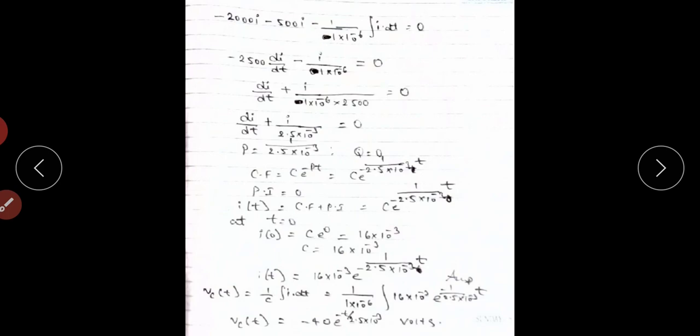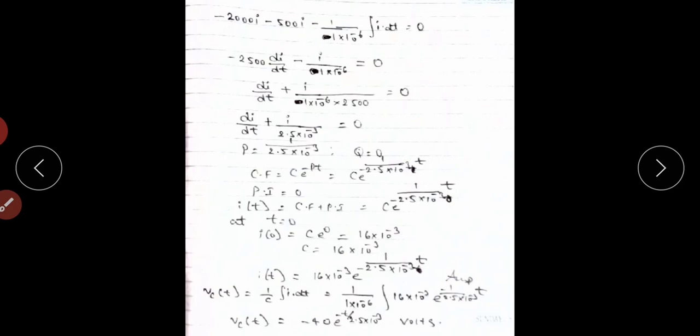Next, differentiating with respect to t: minus 2000 I minus 500 I equals minus 2500 I. By differentiating we get minus 2500 dI by dt. Next, differentiation and integration cancel: minus I by 1 into 10 to the power of minus 6 equals 0.